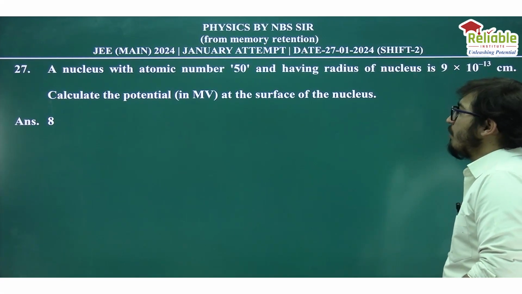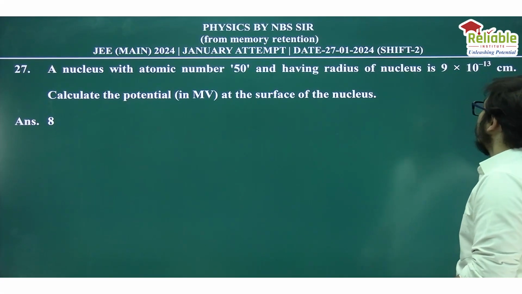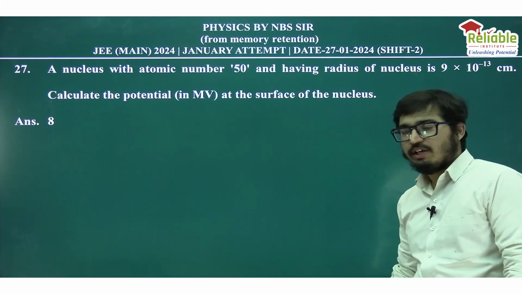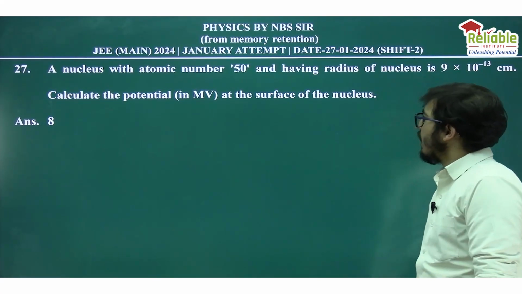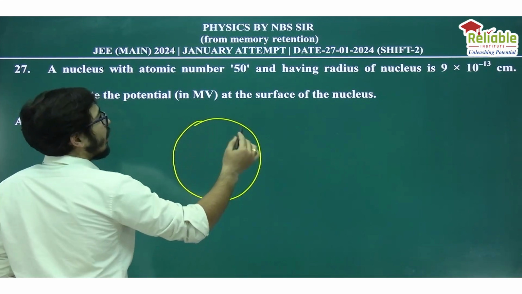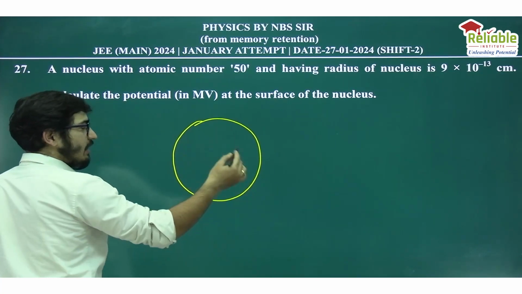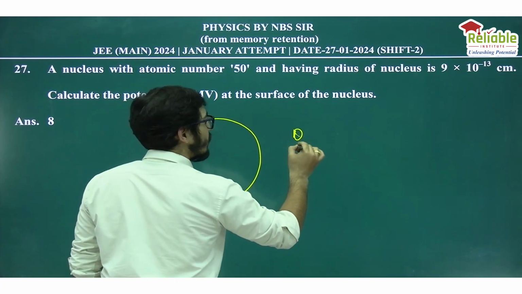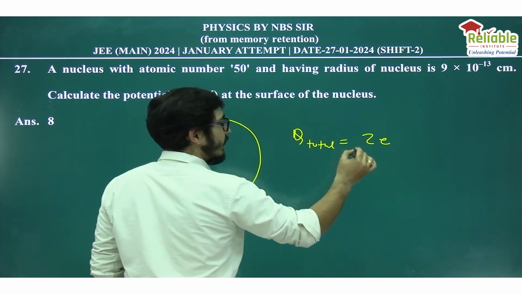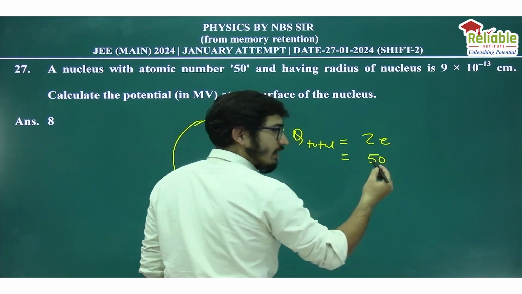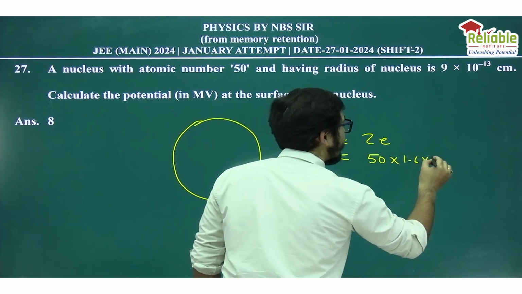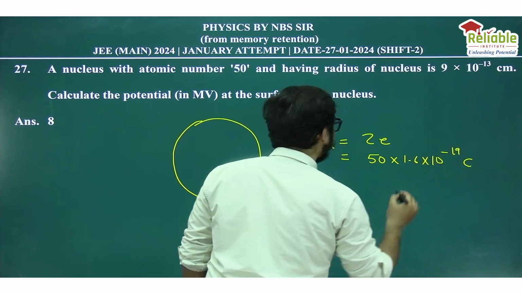A nucleus with atomic number 50 and having radius 9 into 10 raised to power minus 13 centimeter. We are supposed to calculate the potential in megavolt at the surface of the nucleus. The total charge inside the nucleus is Z into e. Z given to you is 50 and e is the charge of a single electron, that is 1.6 into 10 raised to power minus 19 coulomb.